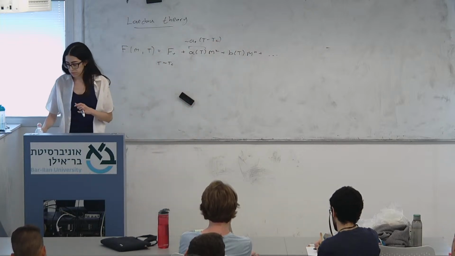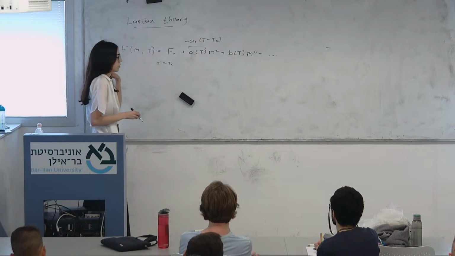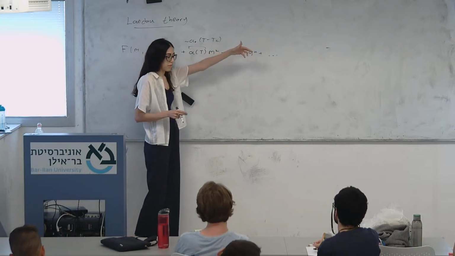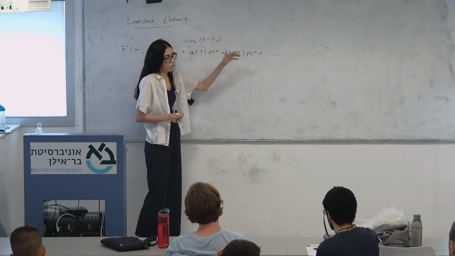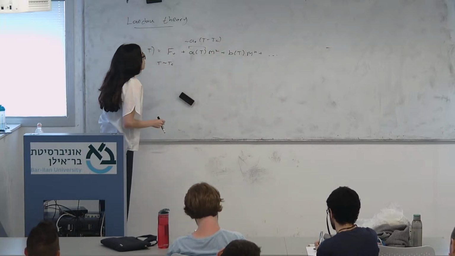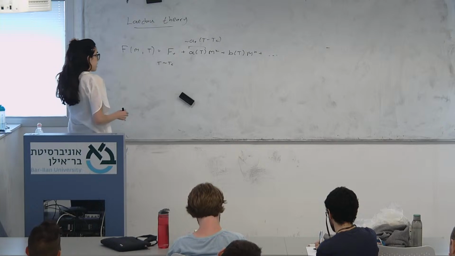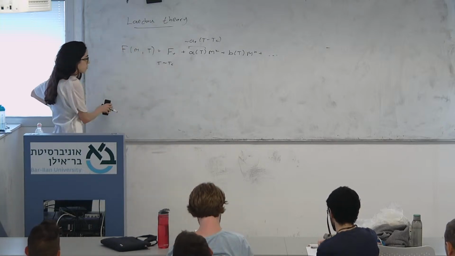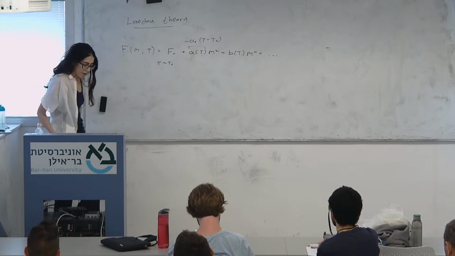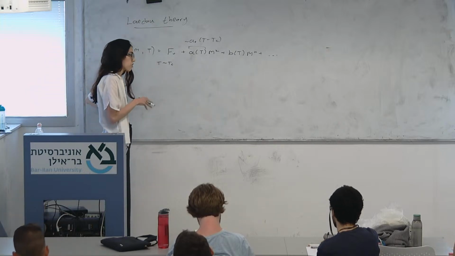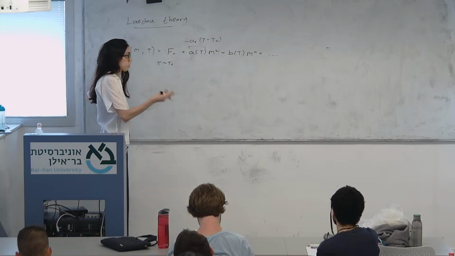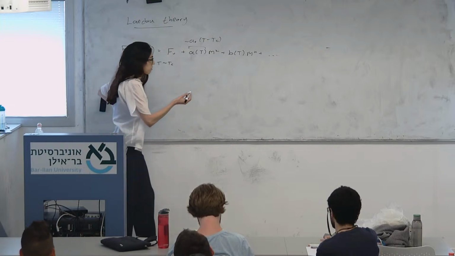So we just have a Taylor expansion with only even orders. We're going to talk a bit later about why we have only even orders. This is the general form of the free energy, and from that free energy, we can describe some specific parameters of the system, which are called critical exponents.